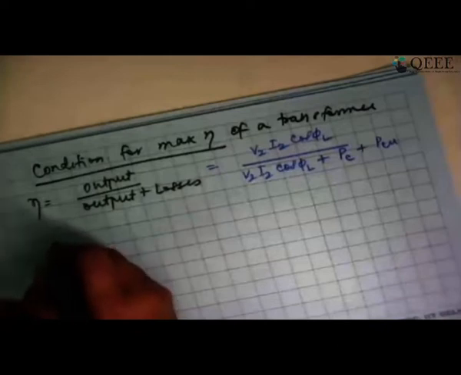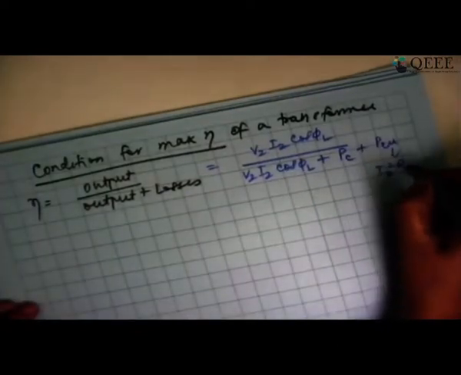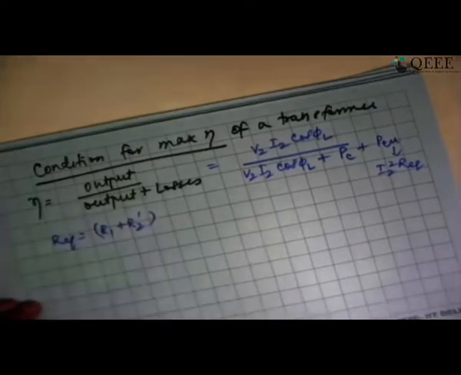I can write PCU as I2 square R equivalent, R equivalent being R1 plus R2 dash. This is what R equivalent is.